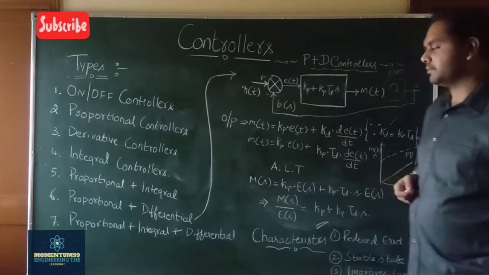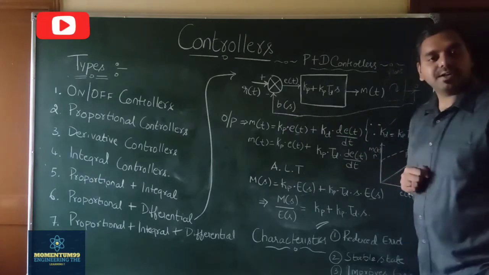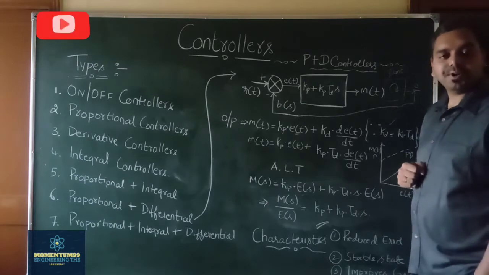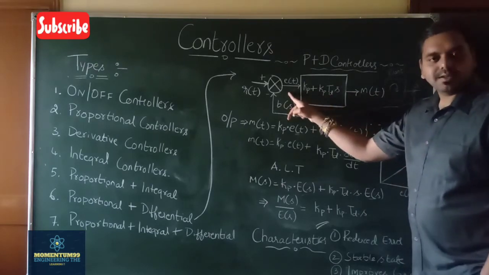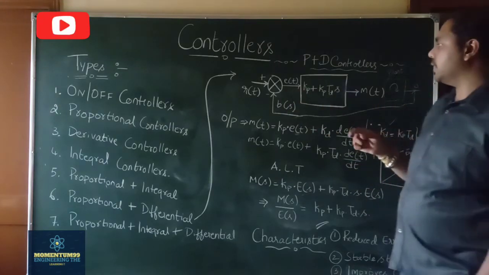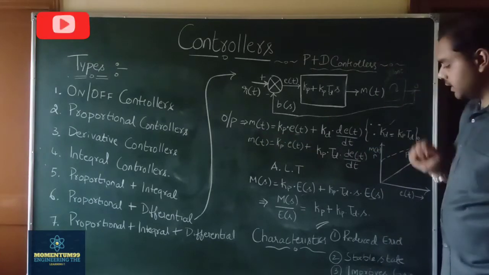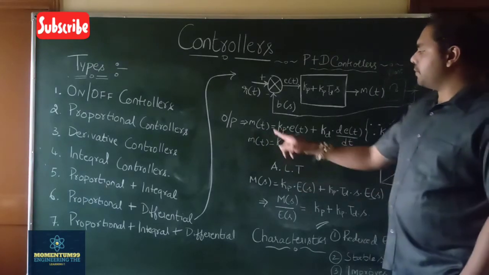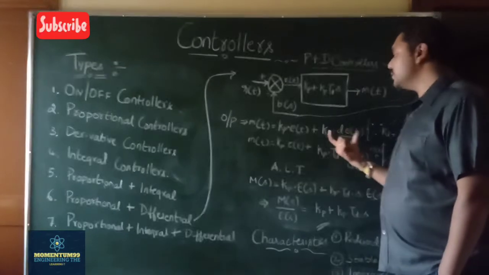Now moving on. Next our aim is to find the relationship between the output of our PD controller and the input of our PD controller. Output is the manipulated signal and the input is the error signal. Now we will be expressing the relationship between this output and the input to the PD controller by making use of this equation here. Now this manipulated output M of t contains two terms on its RHS.